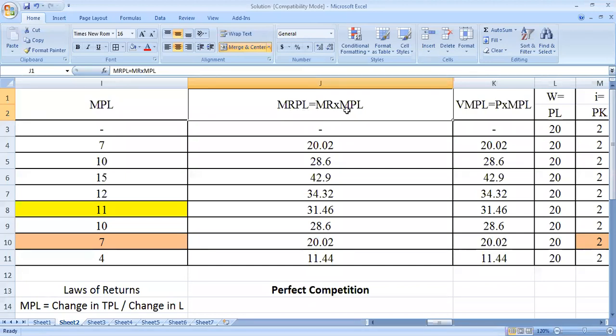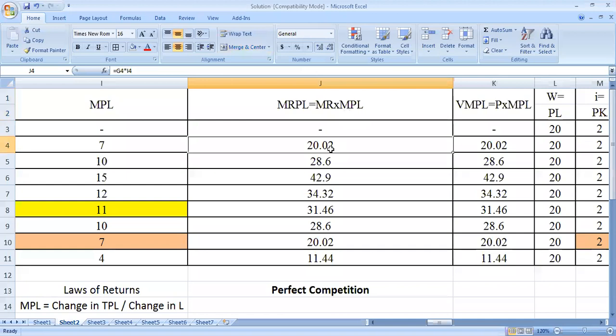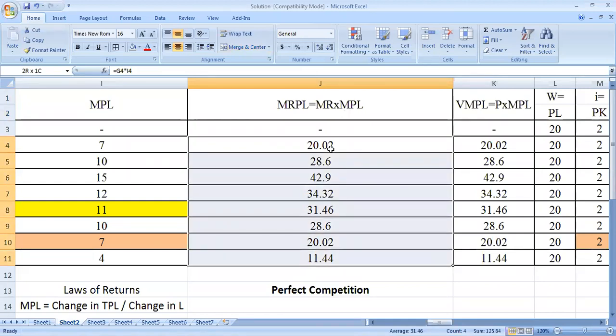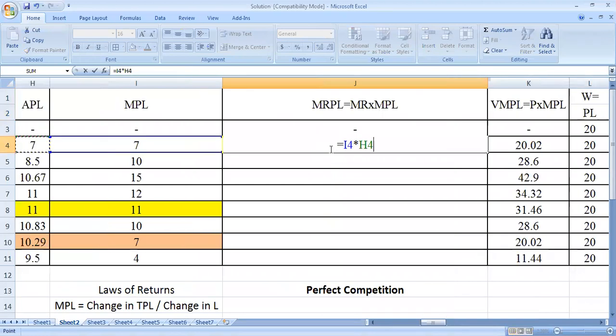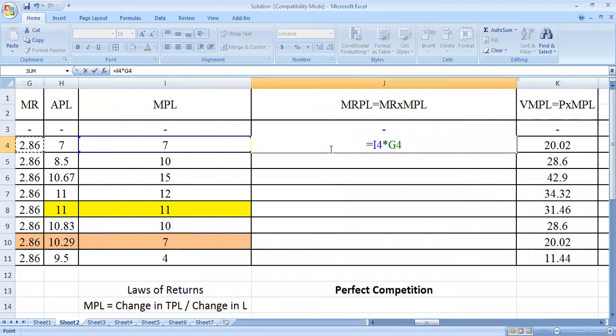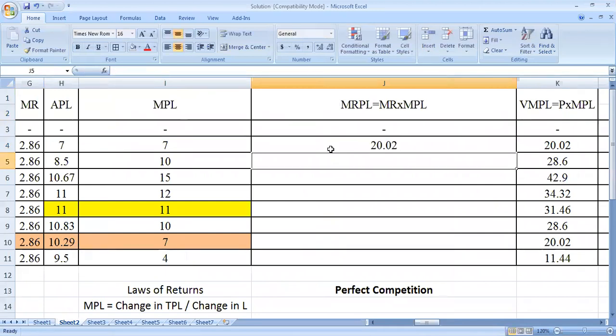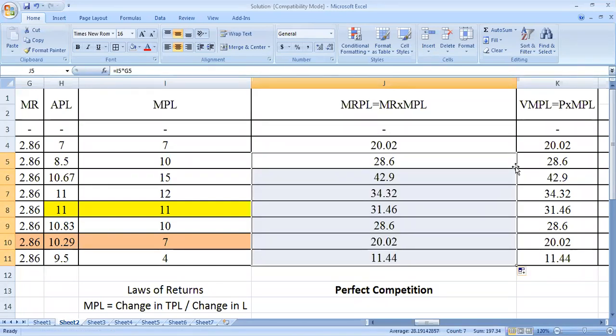It is obtained by multiplying MPL with MR. So when you multiply MR and MPL, the answer is MRPL, right? So 10 multiplied by 2.86 equals 28.6, and so on.